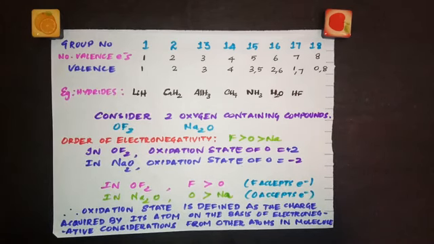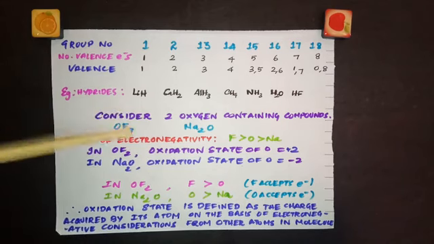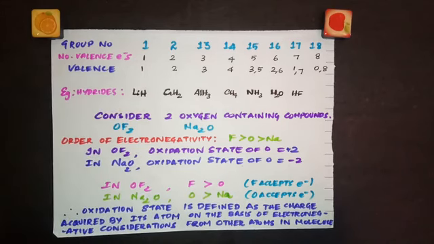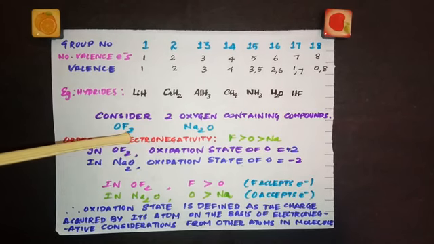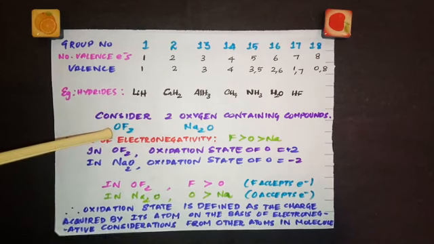Whereas oxygen shares 2 electrons with each of the fluorine. So since fluorine is more electronegative and is sharing 1 electron, it is assigned an oxidation state of -1. Whereas oxygen, which can share 2 electrons, and since it is less electronegative than fluorine, is assigned an oxidation state of +2. So in OF2, the oxidation state of oxygen is +2.